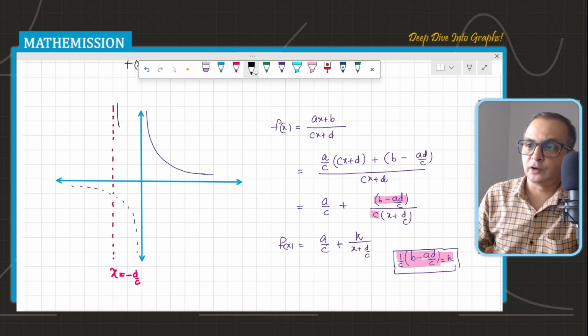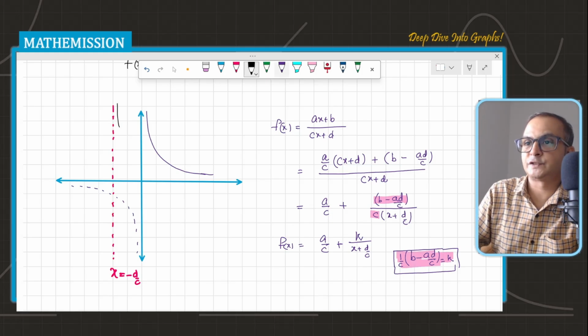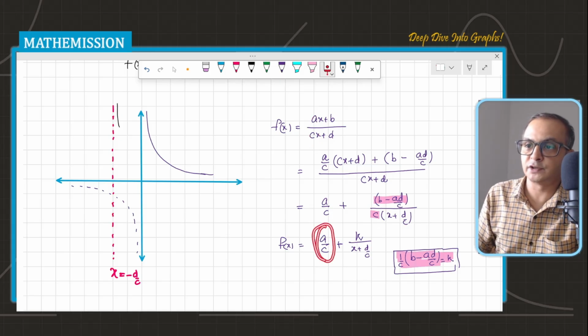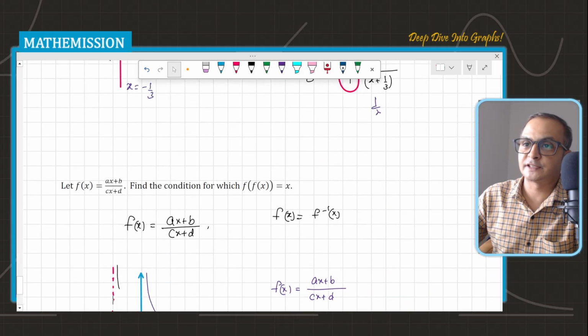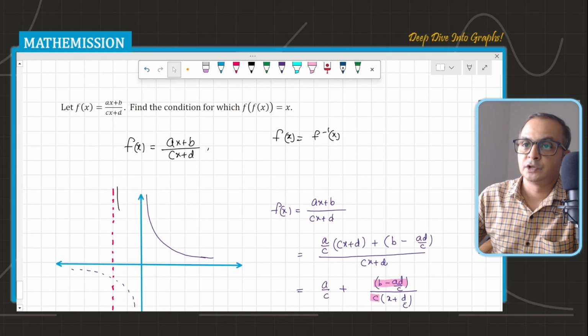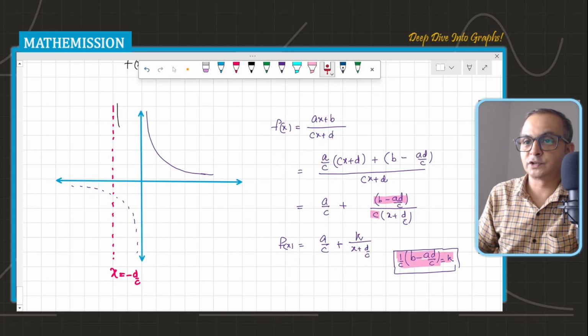And also the horizontal asymptote will be a by c. When x tends to infinity, it is a by c. So whatever comes here will be the horizontal asymptote. You can see in the previous example also, x equals minus 1 by 3 is the vertical asymptote. So I have a by c as the horizontal asymptote.